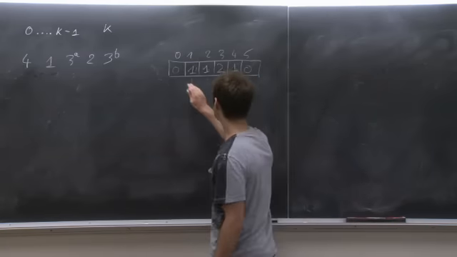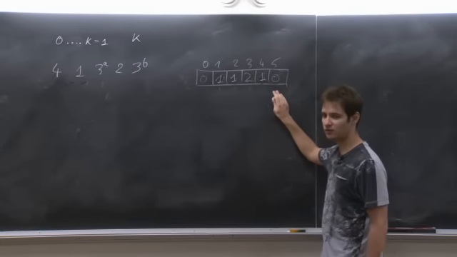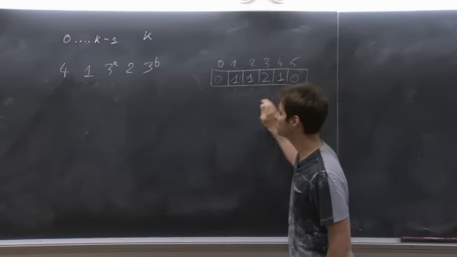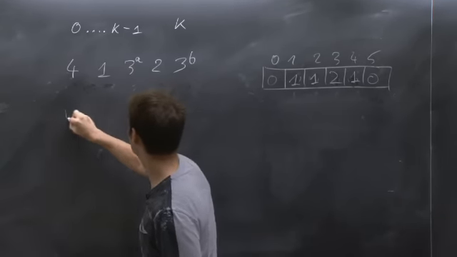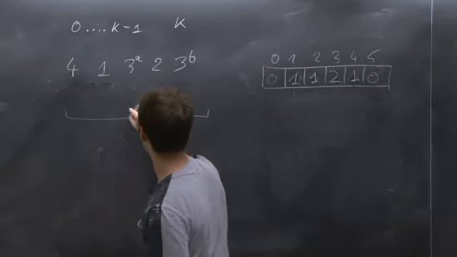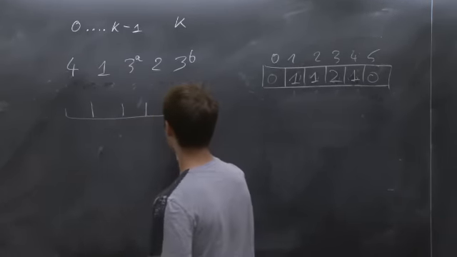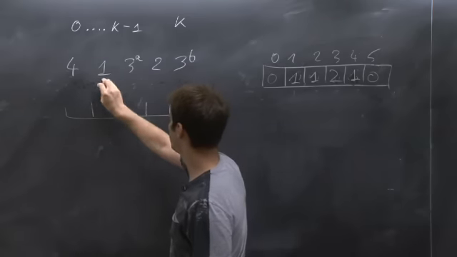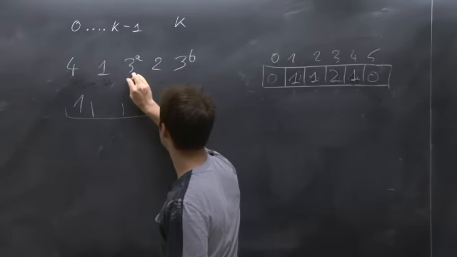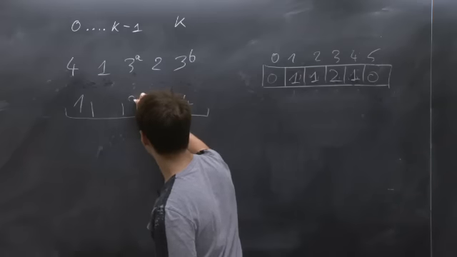So what I want to do is take this and transform it into something that allows me to go through the keys. So I know I have 5 keys here. I'm going to make an output array of 5 elements. And I want to be able to see 4 and know that it belongs here. C1, know that it belongs here. C3a, know that it belongs here.